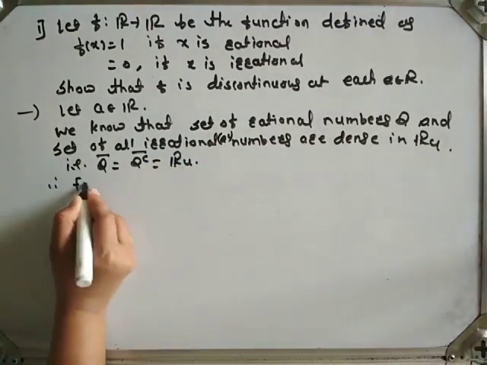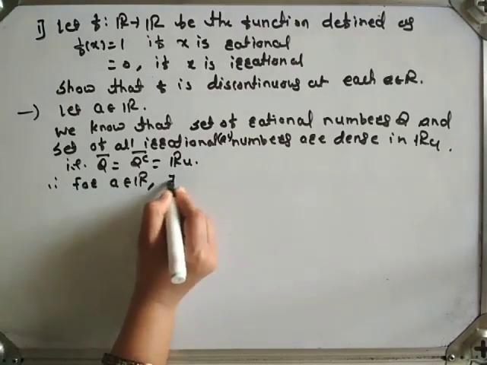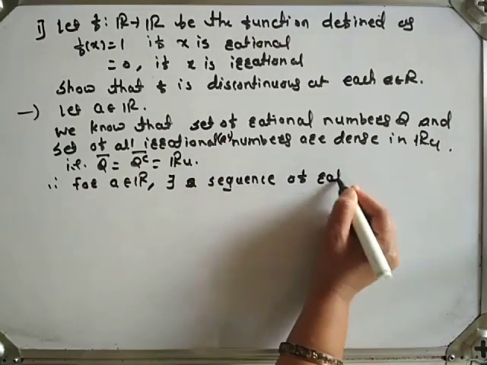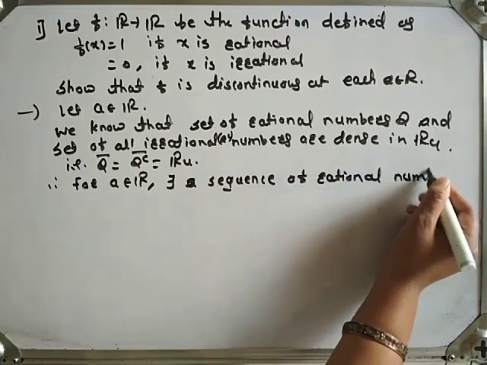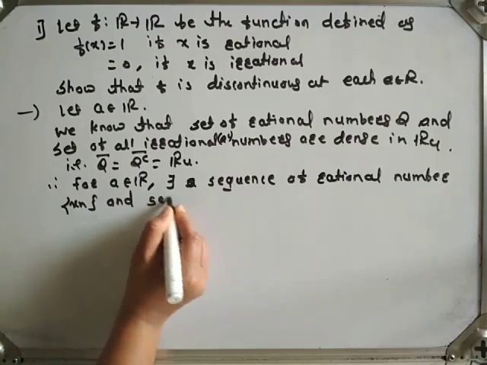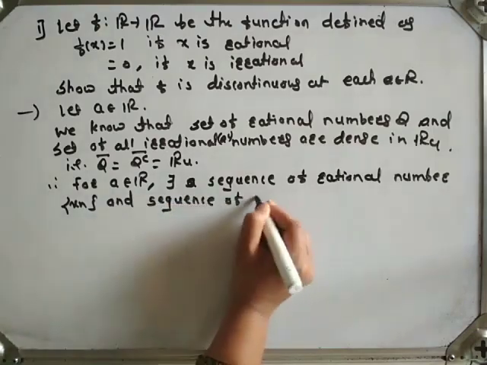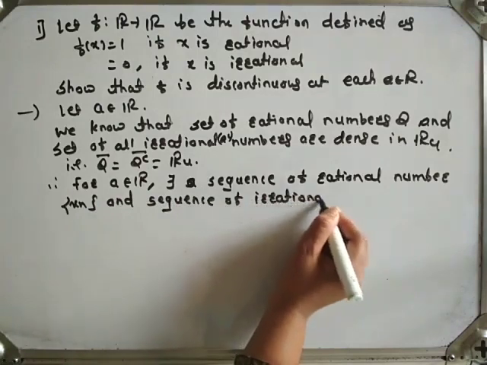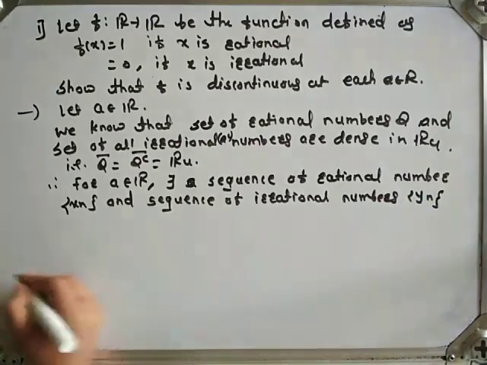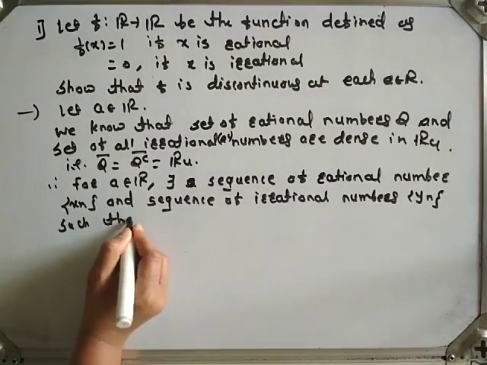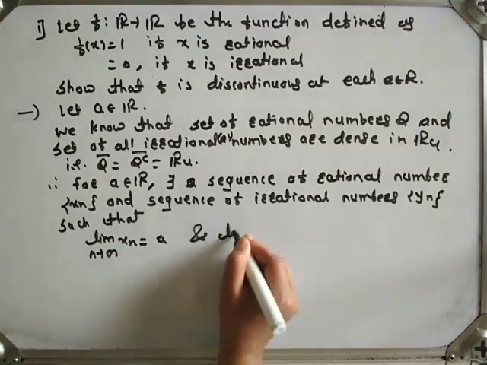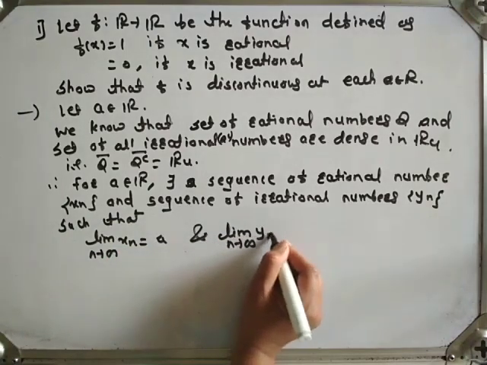Therefore, for a belongs to R, there exists a sequence of rational numbers xn and a sequence of irrational numbers yn such that limit n tends to infinity xn is equal to a and limit n tends to infinity yn is equal to a.